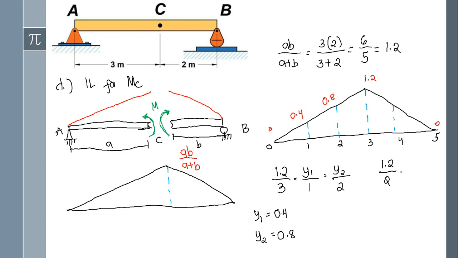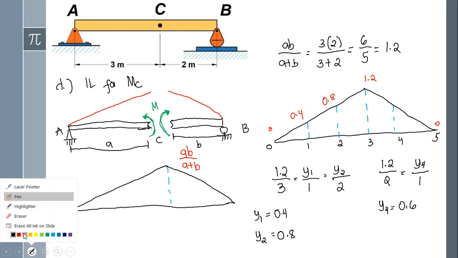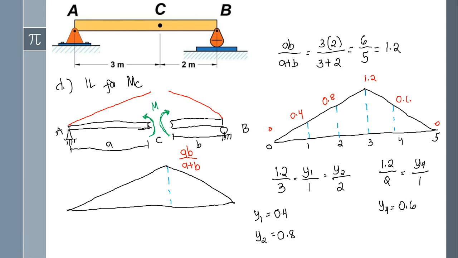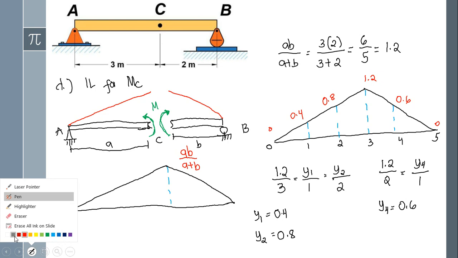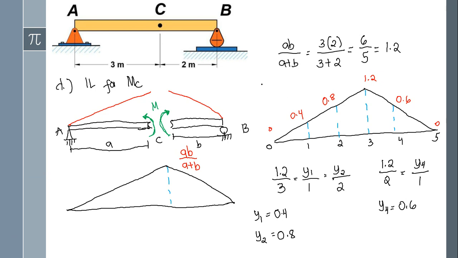So y4 is 1.2 divided by 2, which is 0.6. That is the ordinate at 4, and that is now our influence line diagram for moment at C.